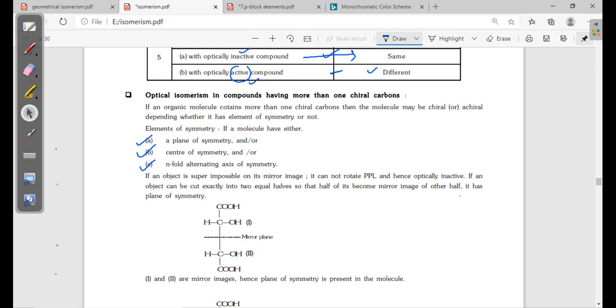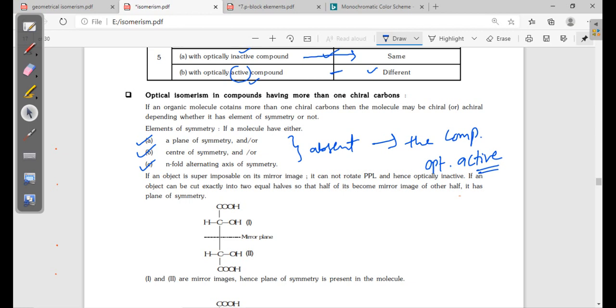If these symmetries are absent, then the compound will be optically active, right? If any one of the symmetries is present, then optically inactive.